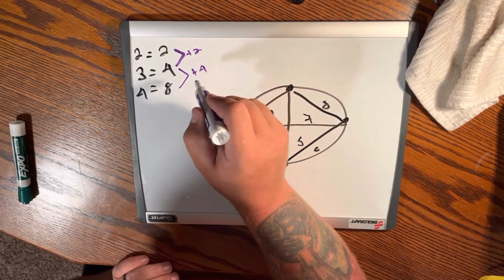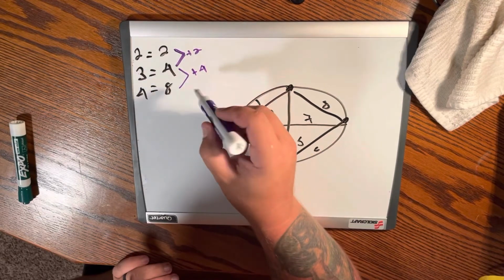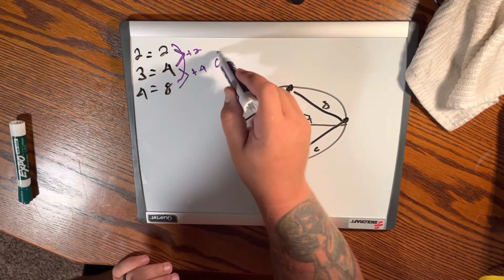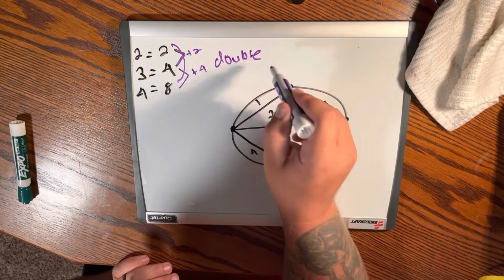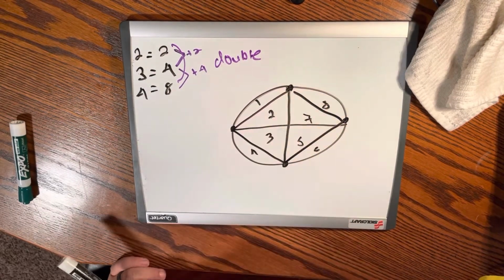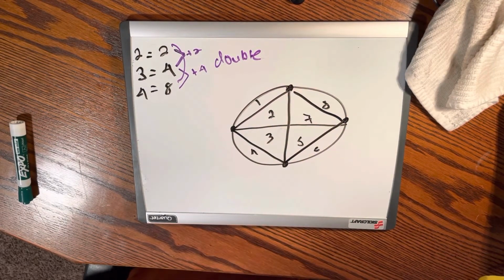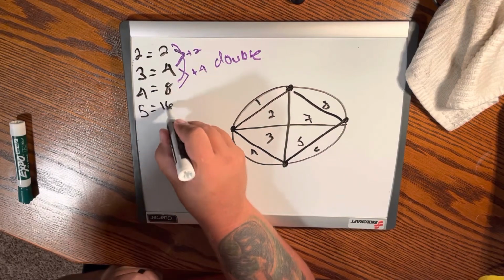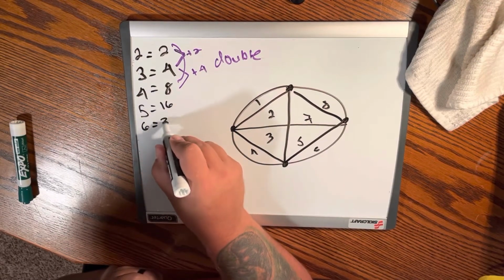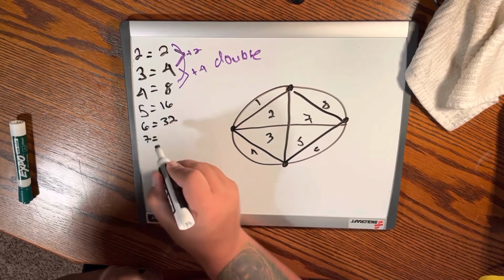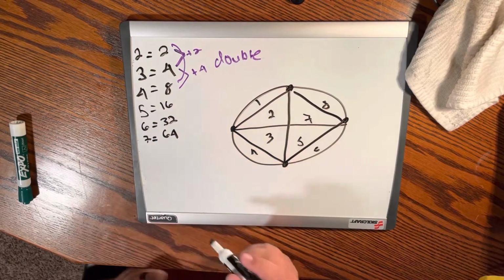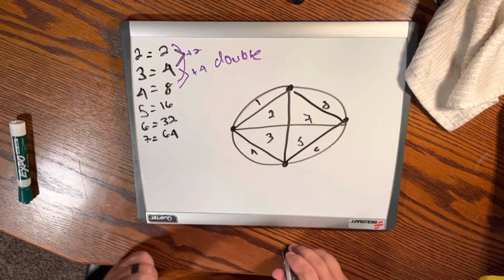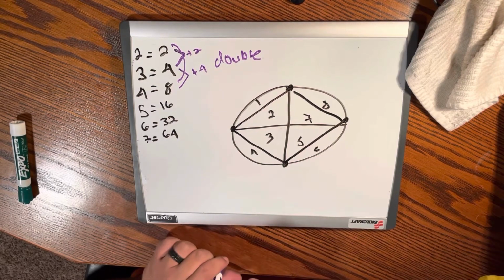Add 4. Okay. Or another way to look at it, you double each time. So if you're doubling each time, we don't even have to draw the next ones. 5 would be 16, 6 would be 32, 7 would be 64, and so on and so forth. See, once you figure out the pattern, it's much easier to keep it going.